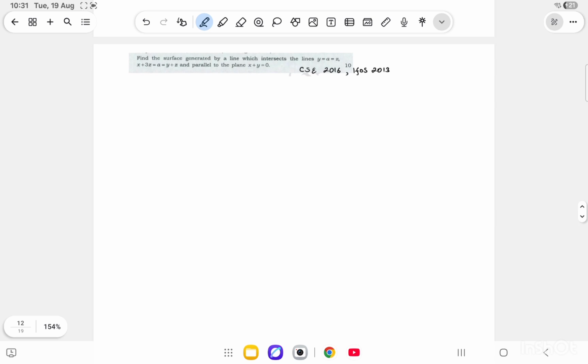So the next question says: find the surface generated by a line which intersects these lines and is parallel to the plane. So my line L1 is y equals a equals z. I can also write it as y minus a equals 0 and z minus a equals 0.